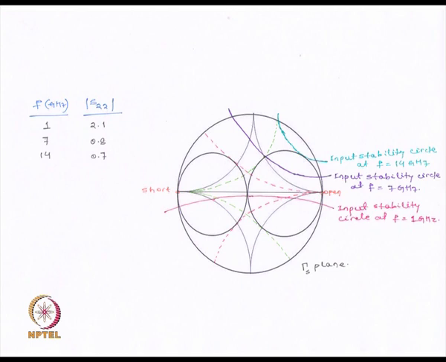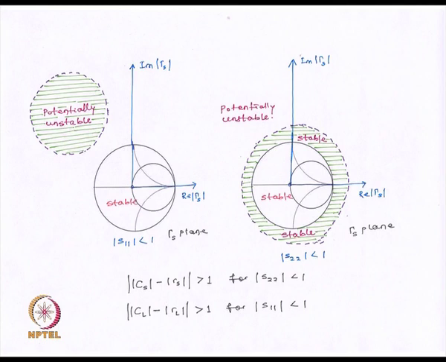If we just rely on the curvature, then we may not always reach the correct result, as in this case. For the f equal to 1 gigahertz circle, points inside the circle are stable, whereas for f equal to 7 and for f equal to 14 gigahertz, points outside the circle are stable. So, this is another interesting case of the position of the Smith chart and the stability circle.